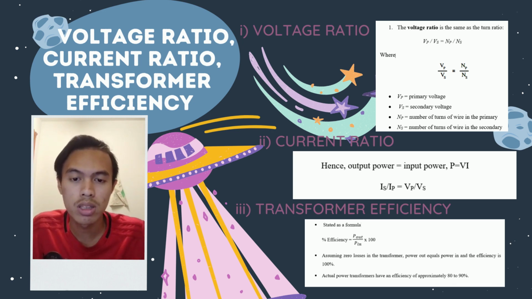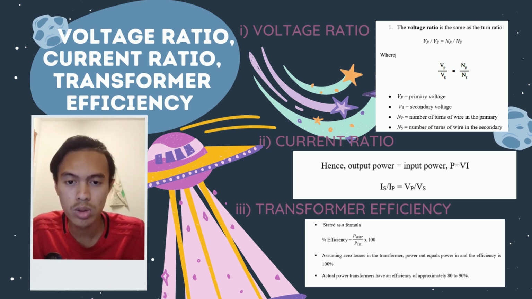Since the transformer transfers electrical power from one circuit to another circuit, very efficiently with negligible power loss, when we want to find the current ratio, we should use this equation: the output power equals input power, where IS over IP equals VS over VP.